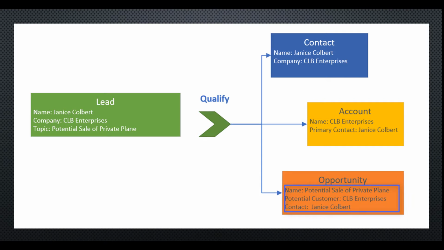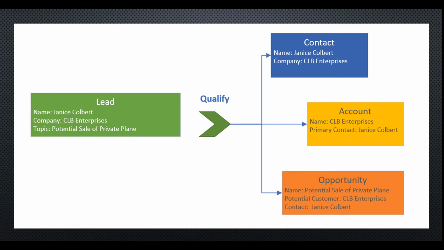And finally, the opportunity. The name of the opportunity will be derived from the topic that was on the lead. The potential customer, if a company was identified, would be the account entity that is created. There's a relationship there. And then the contact would be the contact that was created.